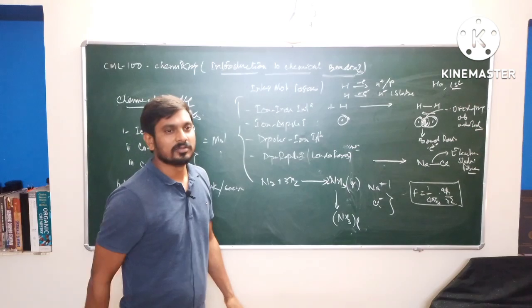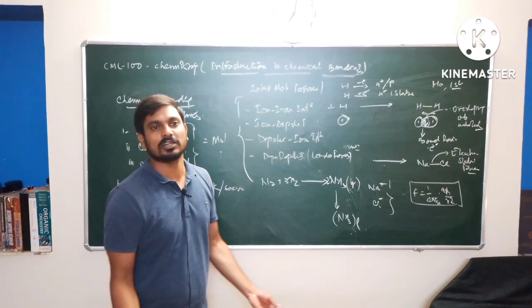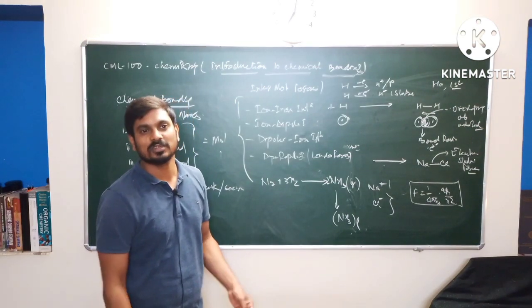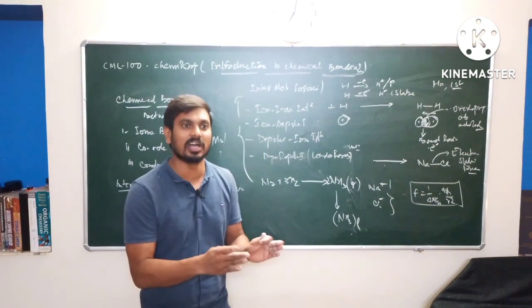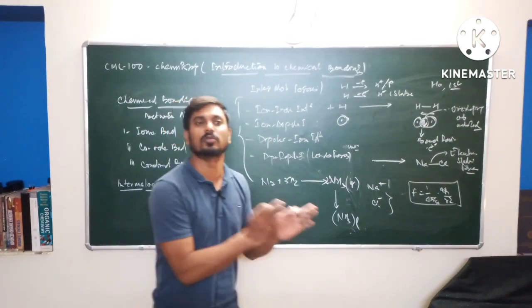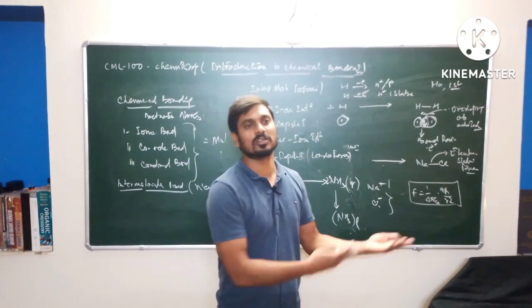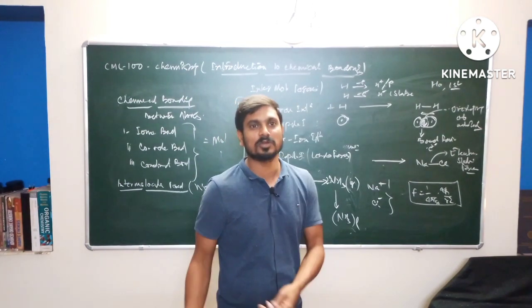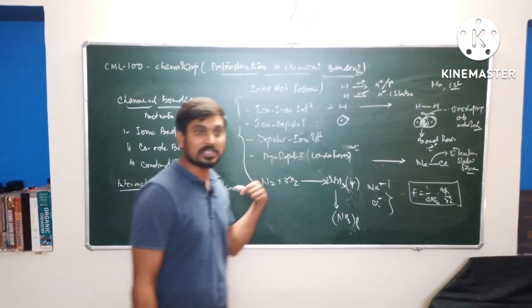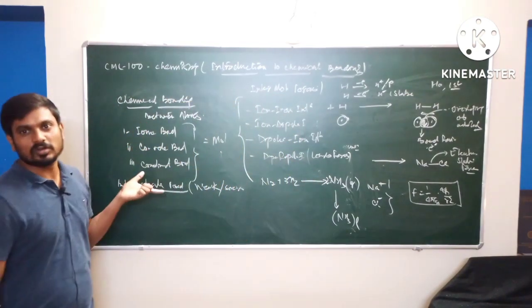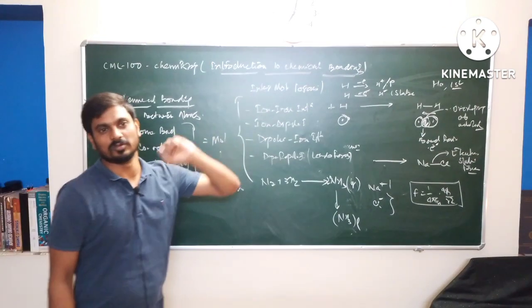For example, NH3 is a gas but water is a liquid at room temperature. Why? Because the intermolecular forces between water molecules are much higher than those between ammonia molecules. That is why water is liquid at room temperature and ammonia is gas. This is the basic difference between molecular bonding and intermolecular forces.